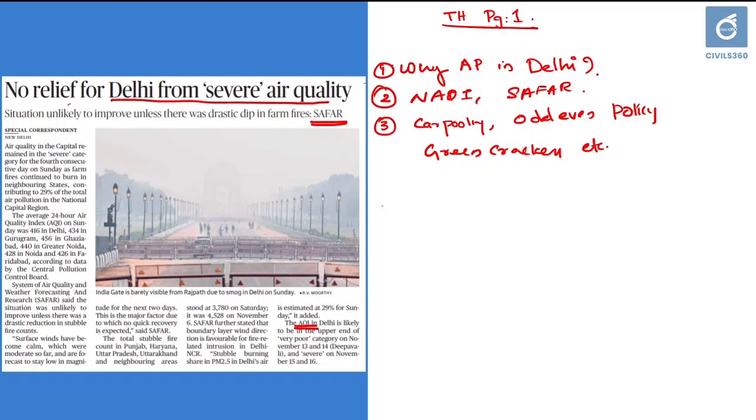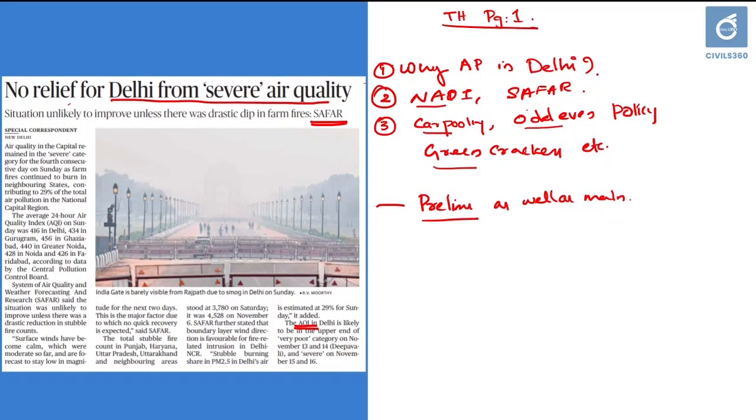This can be asked in prelims as well as mains. For example, in prelims they can directly ask what you mean by carpooling, the odd-even policy, or green crackers. There can be a question on the NAQI or SAFAR.